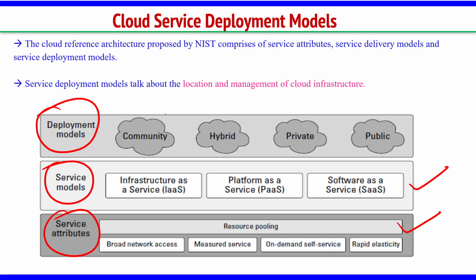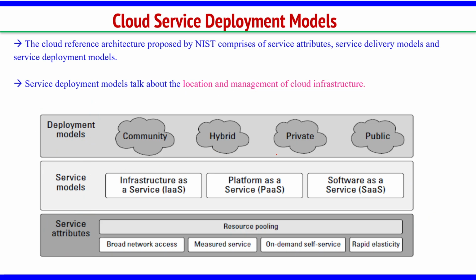These deployment models talk about the location and management of cloud infrastructure. So how do you place your cloud infrastructure, your cloud services or your application, and how do you manage them? That's what we are going to study in these deployment models.